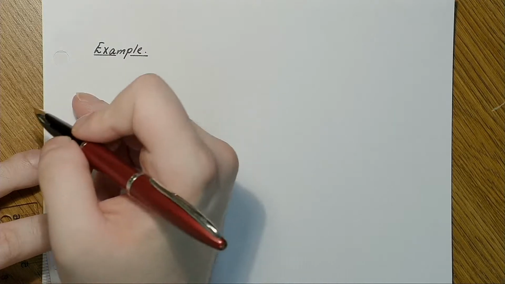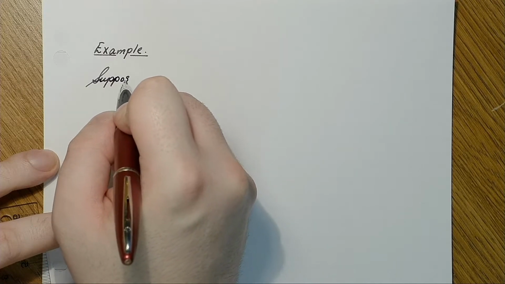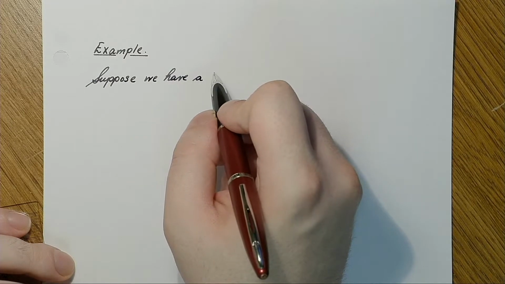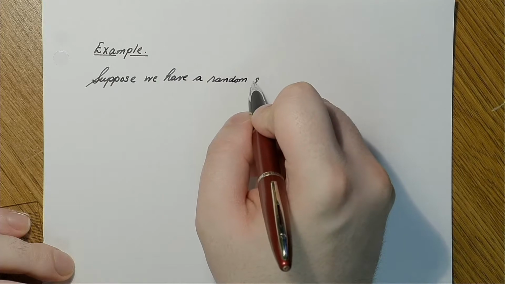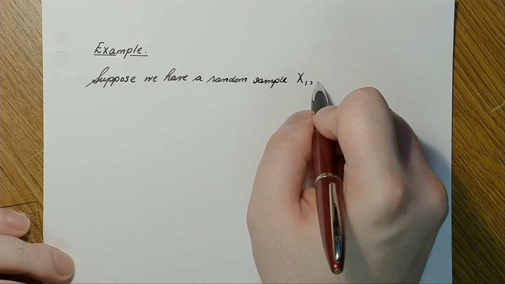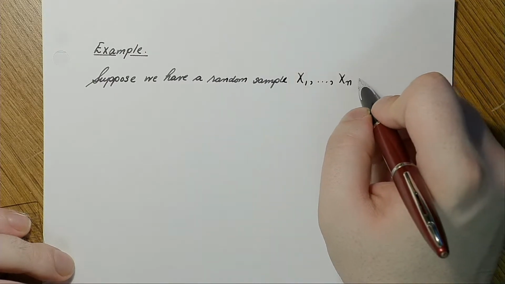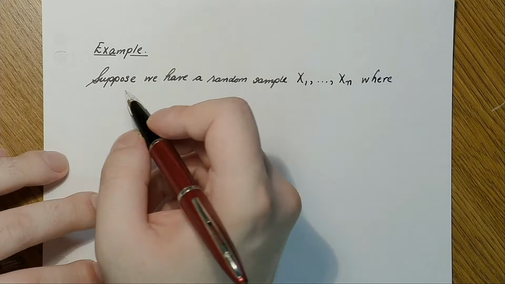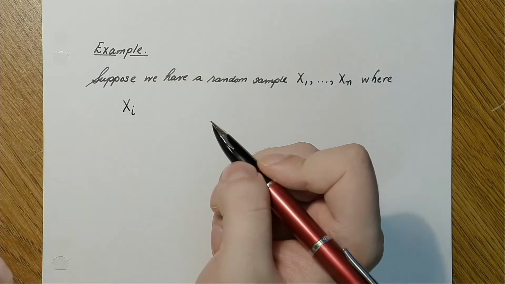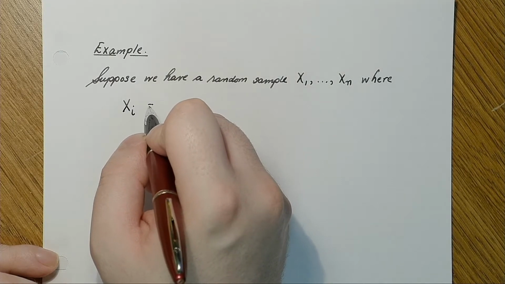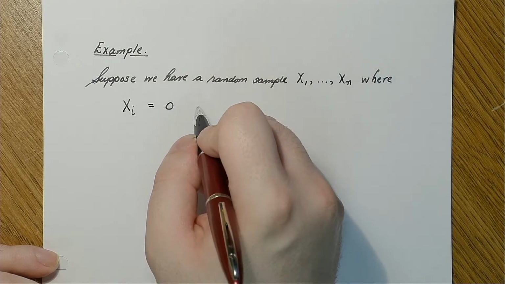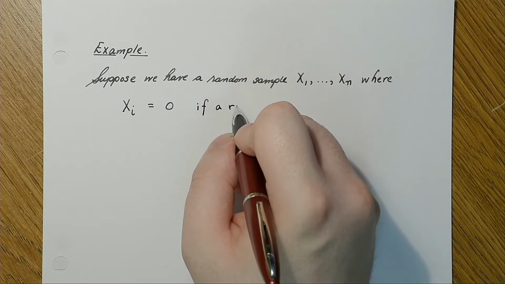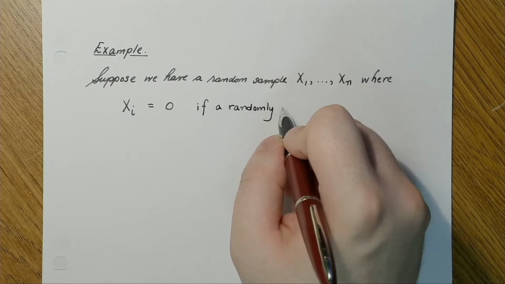So let's suppose we have a random sample, where we'll use that xi equals, we'll say 0 if, let's say, a randomly chosen cadet.